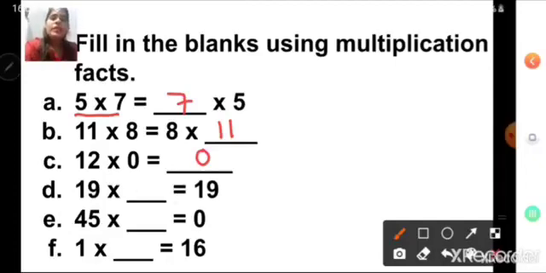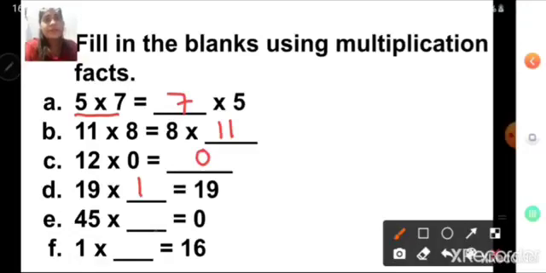Okay. Now 19 is given to us. Our answer is 19. Which number do we have to multiply to get the same number? Number 1. So we'll write here number 1. Next, 45 multiplied by dash is equal to 0. Now here we have to multiply 45 with a number such that the product is 0. What should that number be?